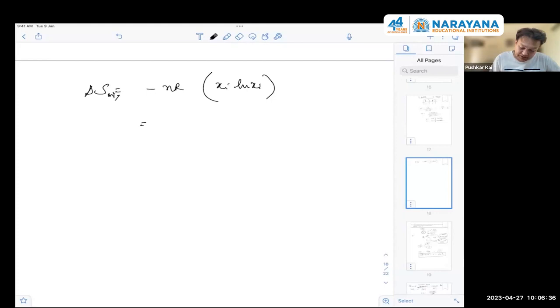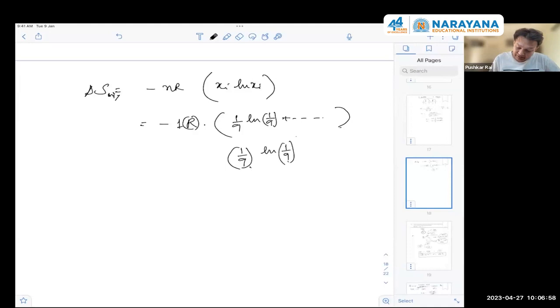So minus 1 into R into 1 by 9 ln 1 by 9, 9 times. So that is 1 by 9 ln 1 by 9 raised to the power 9, times R with a negative sign. That is equal to R ln 9.